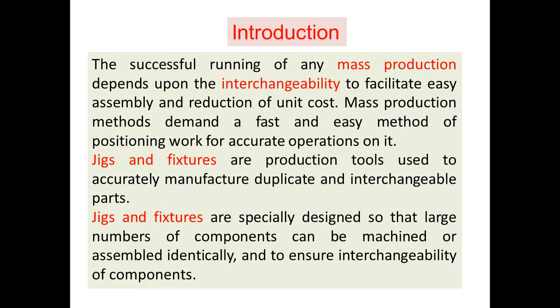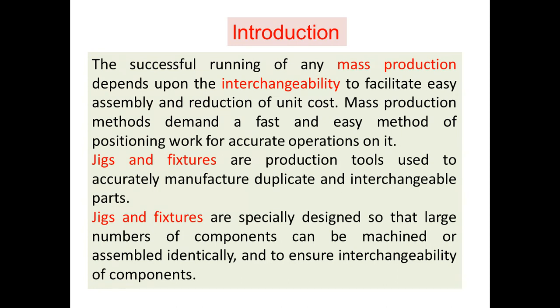Mainly when we are talking about jigs and fixtures, we know that in mass production, interchangeability is one of the important concepts. Interchangeability means we should be able to prepare similar components and easily replace a component. That is the concept of interchangeability, and that will reduce the unit cost.